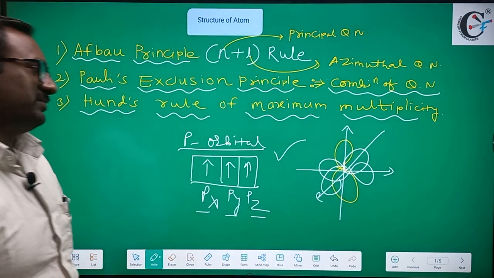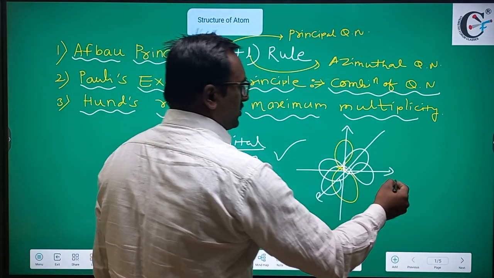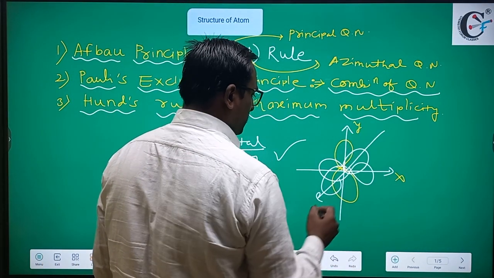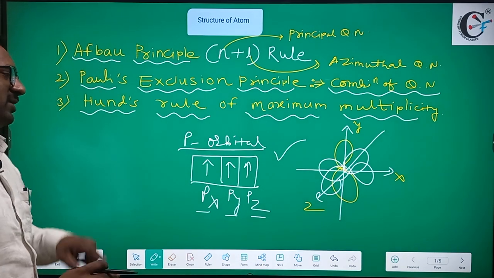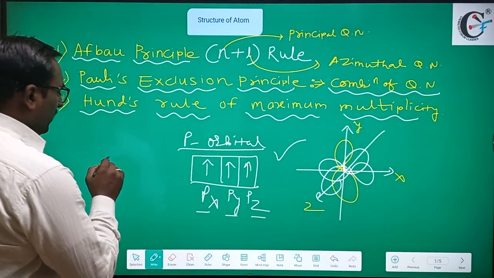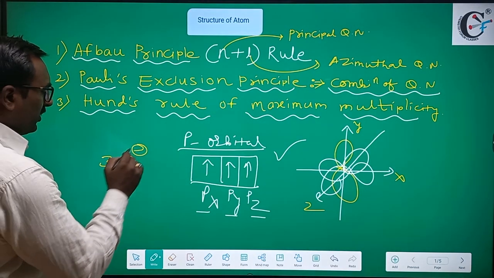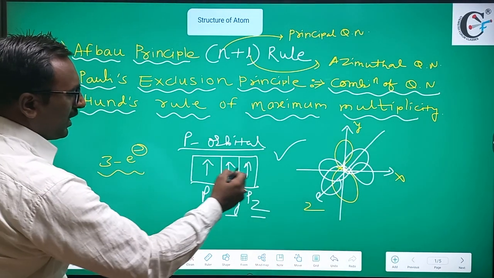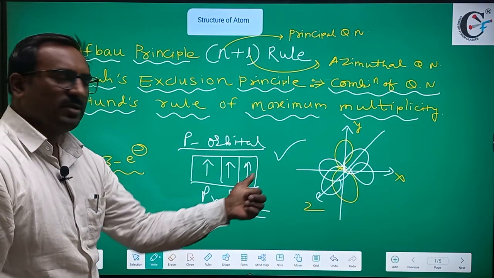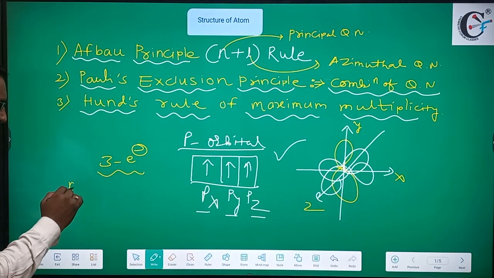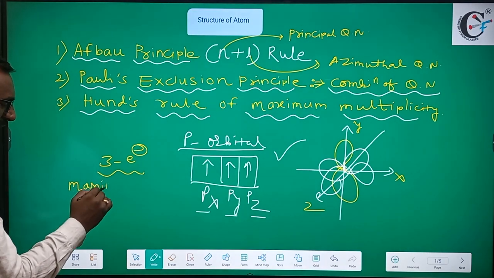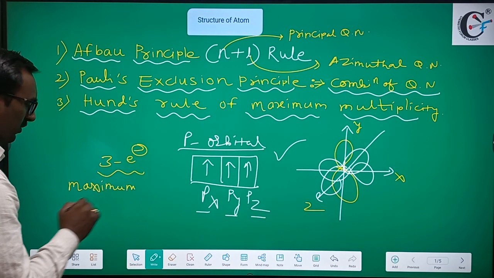So this is x axis, y axis, and z axis. Whenever we have 3 electrons in p orbital, they should remain unpaired, which means maximum multiplicity is achieved.